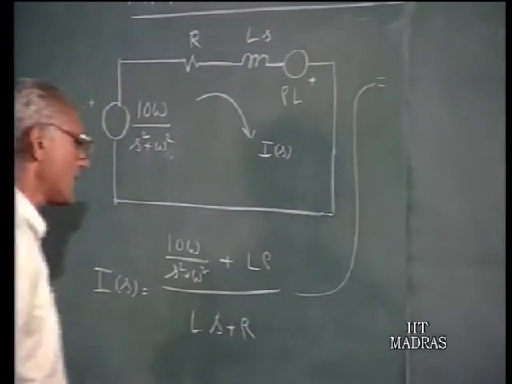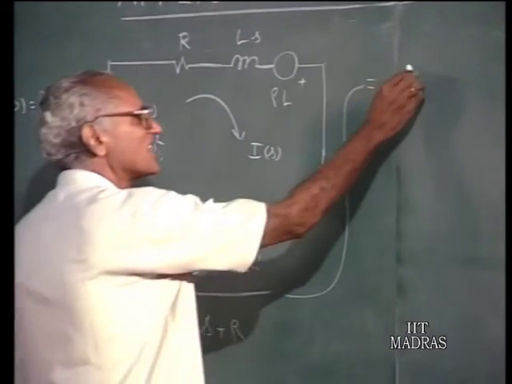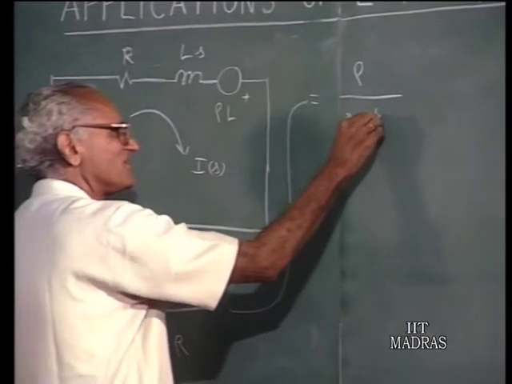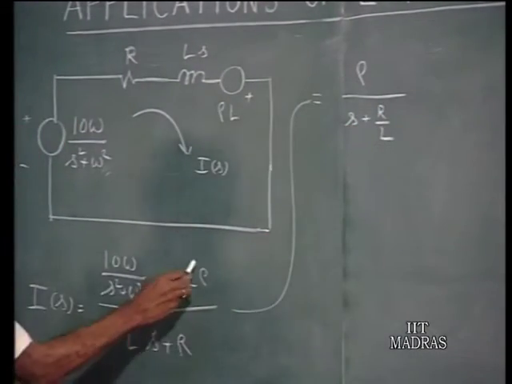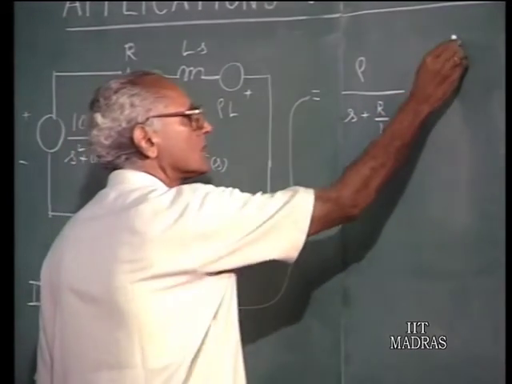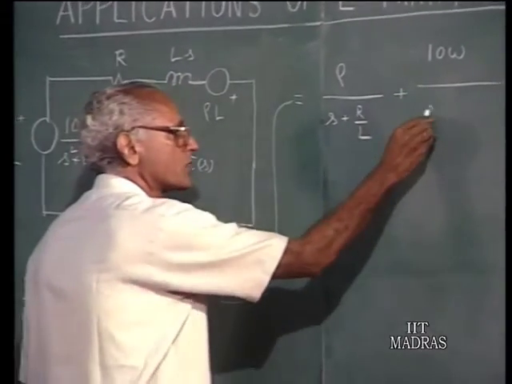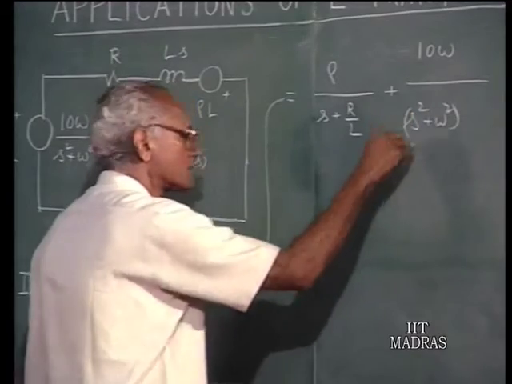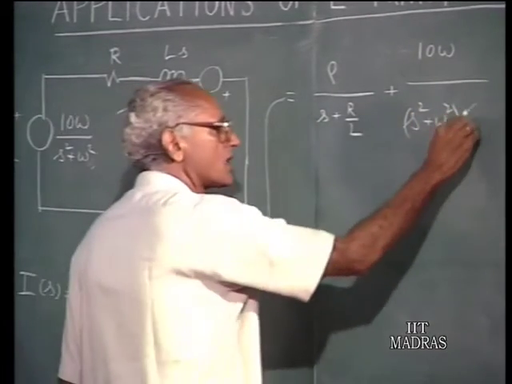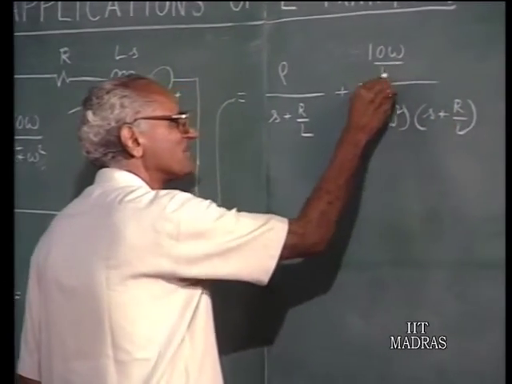So, I can write this as, first of all, L rho over Ls plus R, that is straightforward, therefore, I get rho over S plus R by L, that comes from this, plus in addition I have 10 omega over S squared plus omega squared, the ratio of the first two terms. I will write S plus R by L and divide this by L.